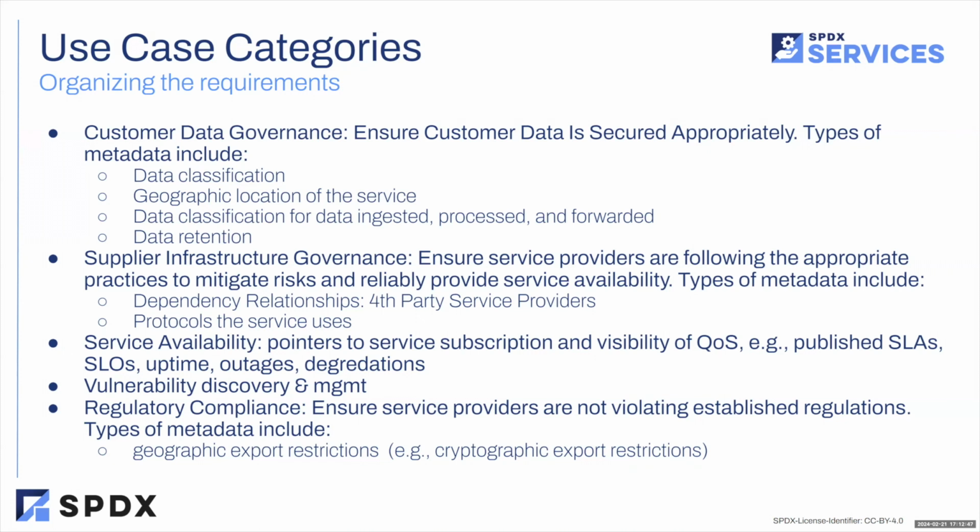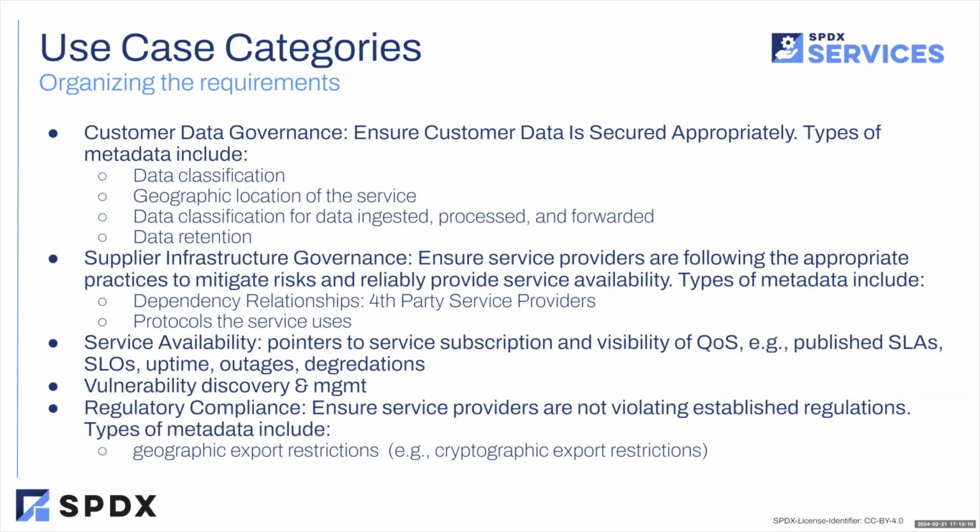Then there's a specific category for vulnerability discovery and management. So very similar to the software. In fact, we'll be reusing a lot of the software vulnerability data, but extending it over the network for software as a service. And then regulatory compliance, to ensure that the service providers are not violating any of the regulation.